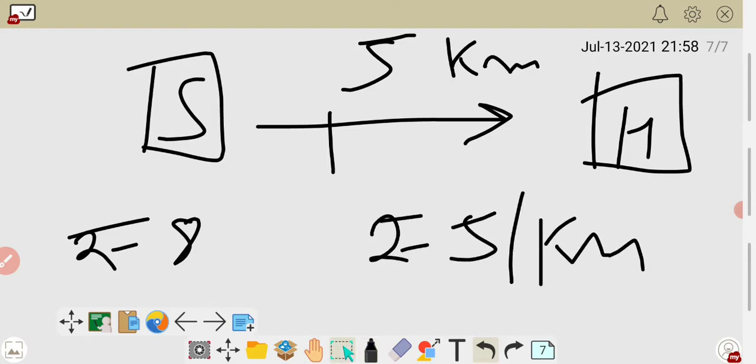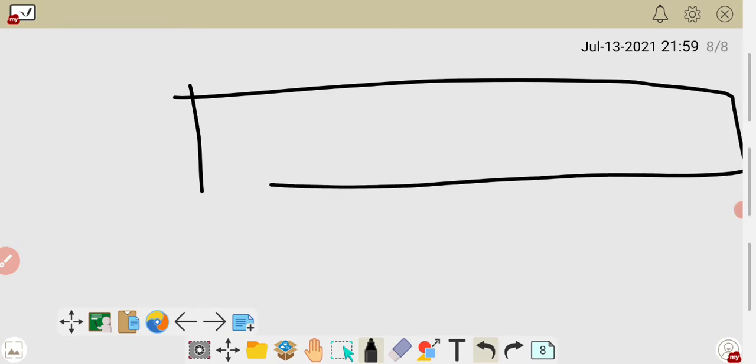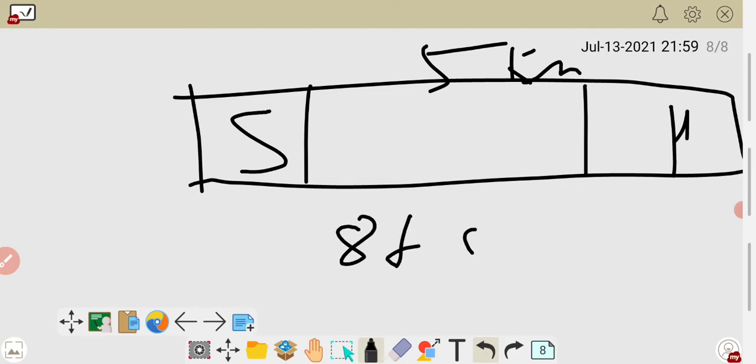It means that if the distance from your school to your house is 5 kilometers, and you travel by taxi, for the first kilometer you pay rupees 8, and for the other kilometers rupees 5.